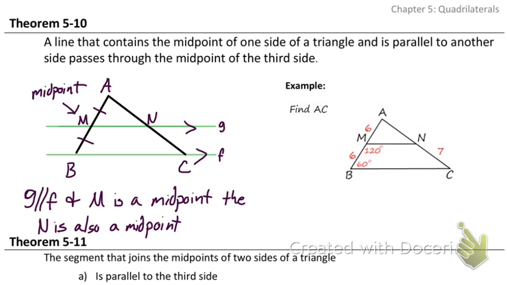It says find AC. Now we can't find AC until I know for a fact those two lines are parallel. So to find AC, maybe we'll put a little line through this so we know we're doing something else. We are going to let MN be parallel to BC.